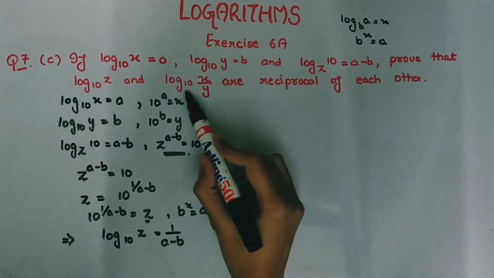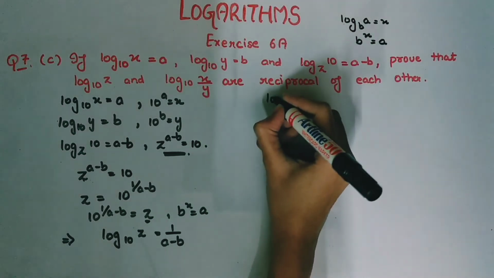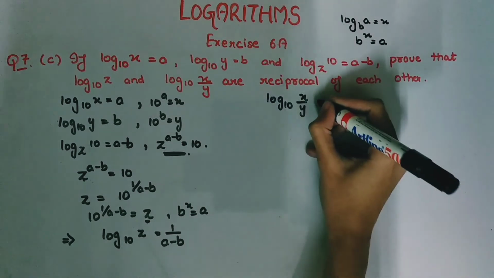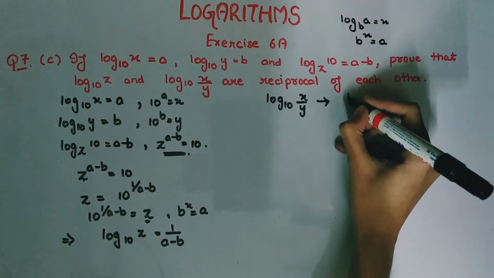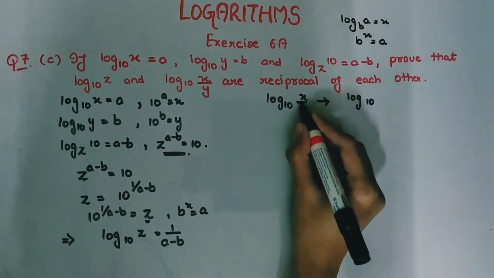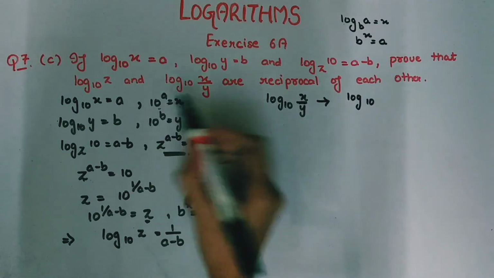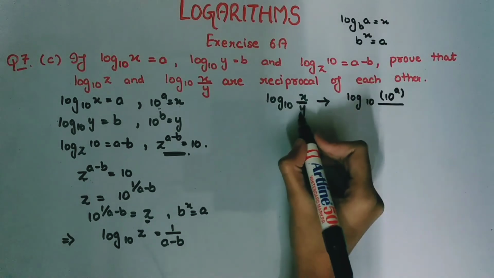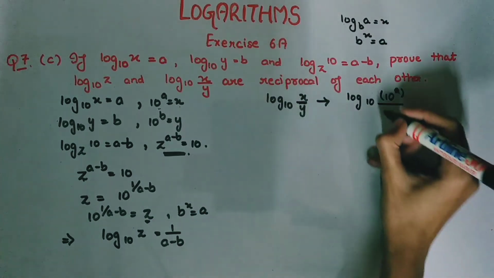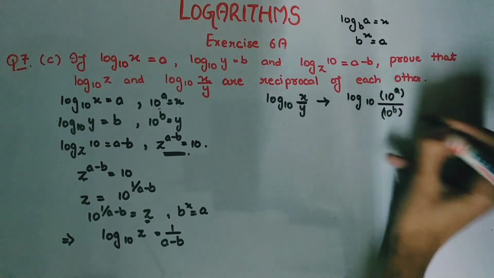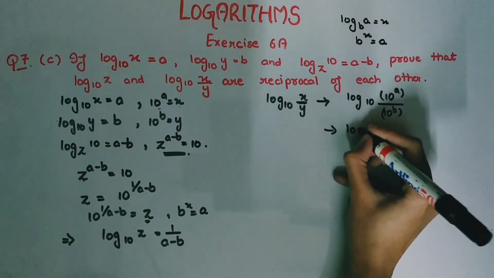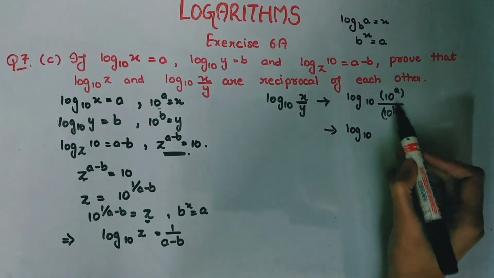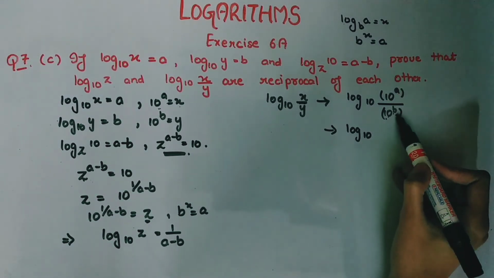Now we will take the second expression, log of x divided by y to base 10. We fill in the values: x is 10 raised to power a, and y is 10 raised to power b. So log base 10 of 10 raised to power a divided by 10 raised to power b. The bases are the same, so the powers get subtracted.